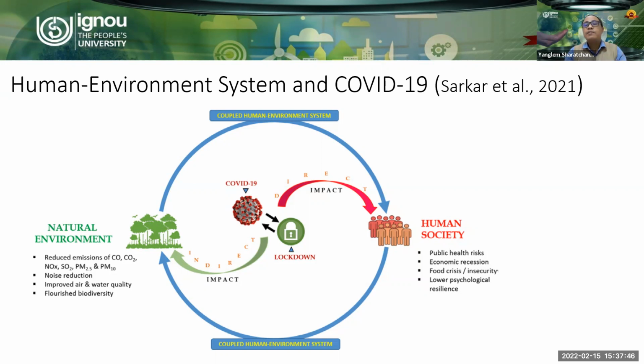When our activities suddenly stopped in these last 2 years because of lockdown, see how much improvement we have seen in the quality of the environment. If we do not degrade the system and we limit our activities within the ecosystem, then we will be able to conserve or preserve our system.